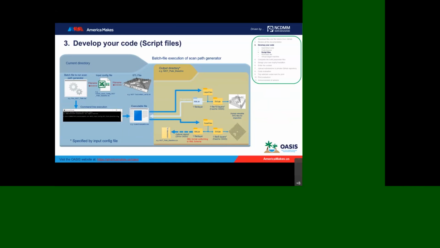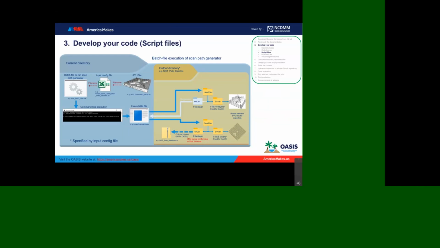So this slide is showing graphically what Sean just said about creating batch files for automatically running the scan path generator. What we're hoping is that we're overwhelmed with a number of submissions to this challenge. In order to be able to evaluate all those, we need to automate the evaluation and running of the code.